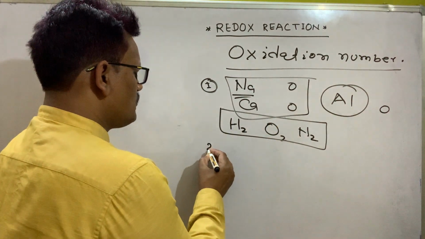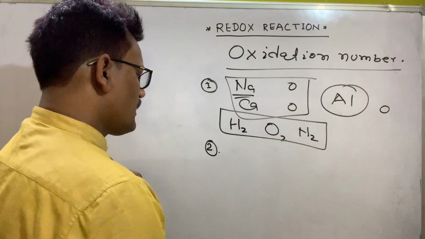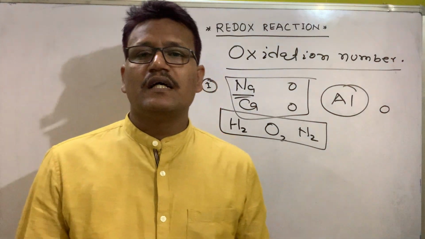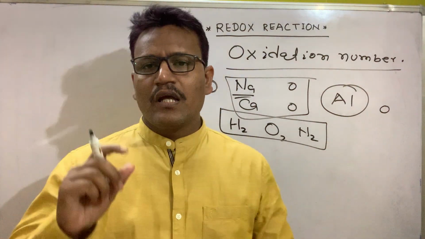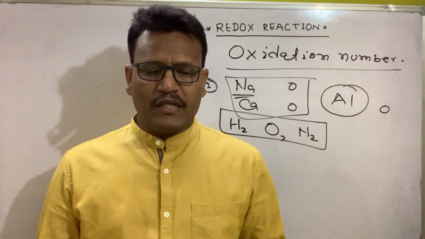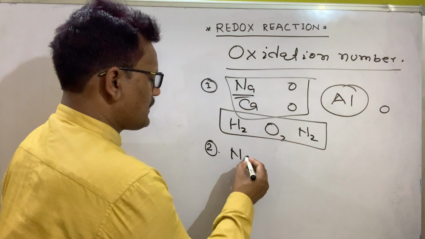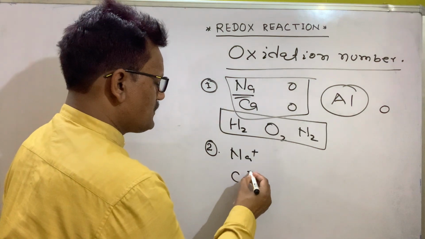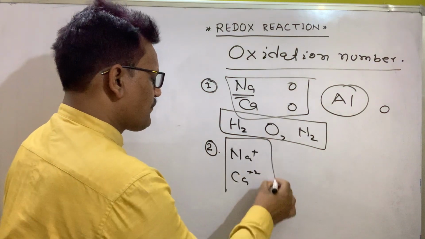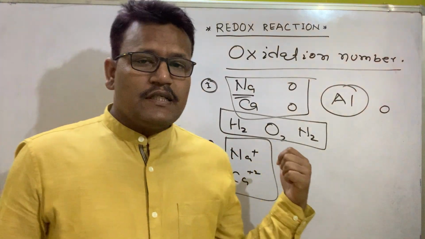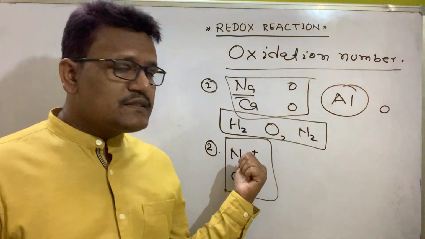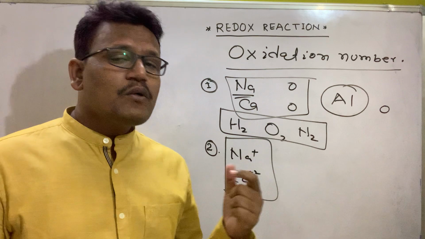Now, what about the second point? The second rule is: consider if you have Na plus ion, Ca plus 2 ion. It is an ion which has only one atom.